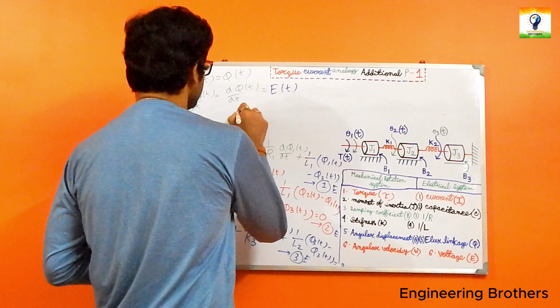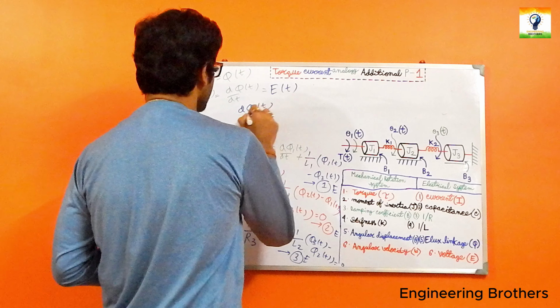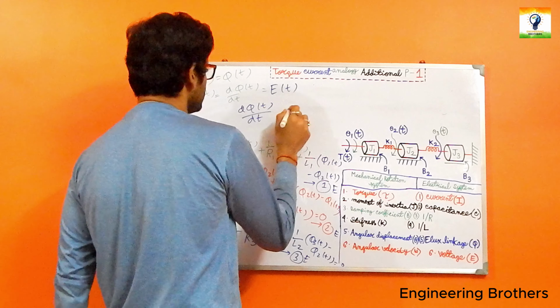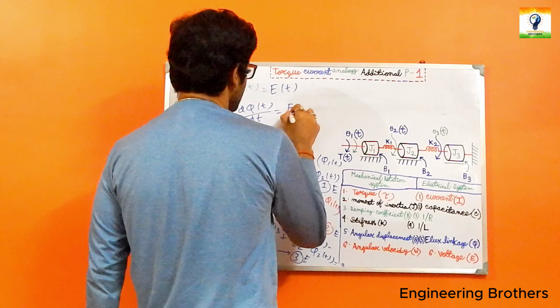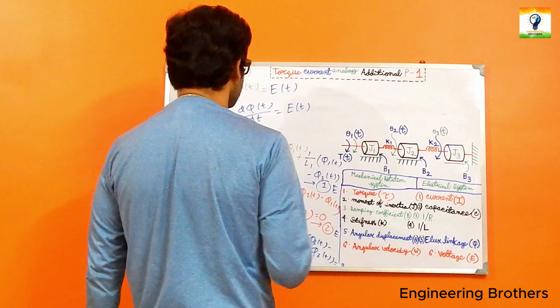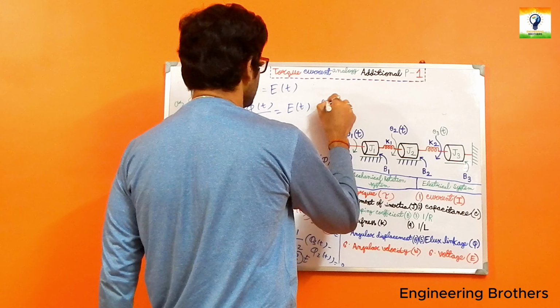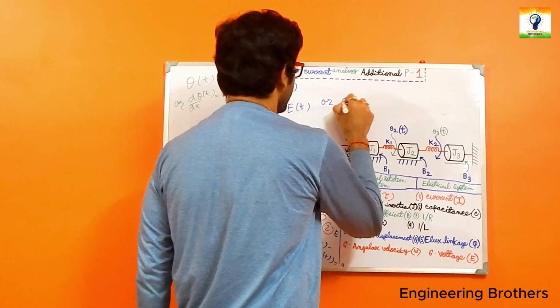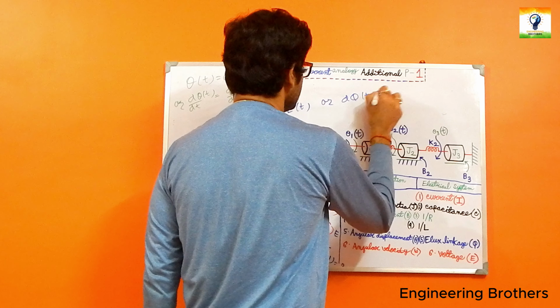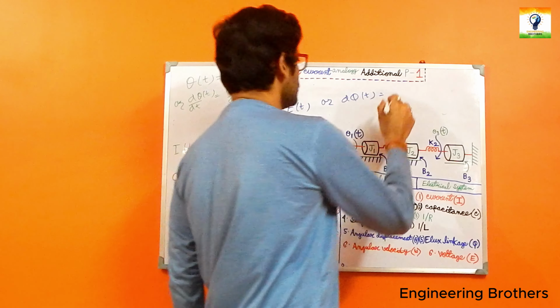In our next step, by utilizing this relation, we have d phi(t), which is equal to e(t) dt.